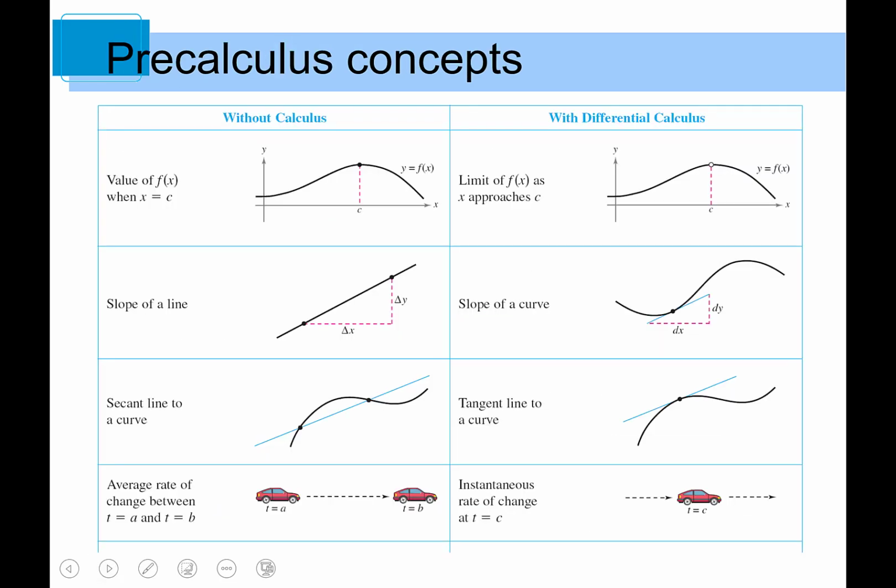So this is basically a comparison between the left column, pre-calculus, and the right column, which is calculus.